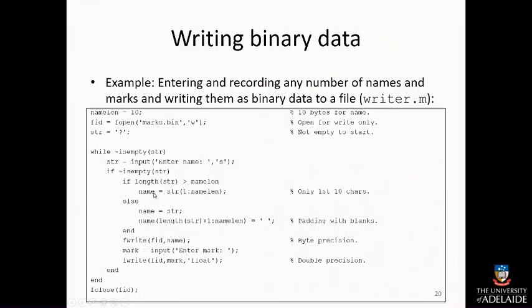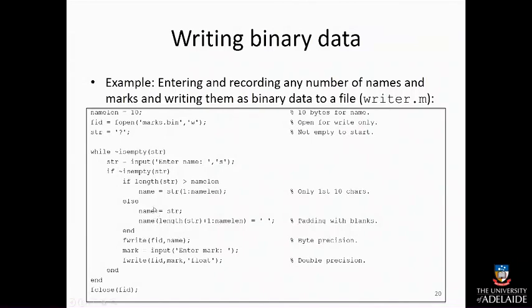Then this variable name is going to get everything from the string, which is from the beginning of the string until the 10th character. Okay? And everything else after that is discarded. So if somebody has a really, really long name, we are going to discard everything after the 10th character.